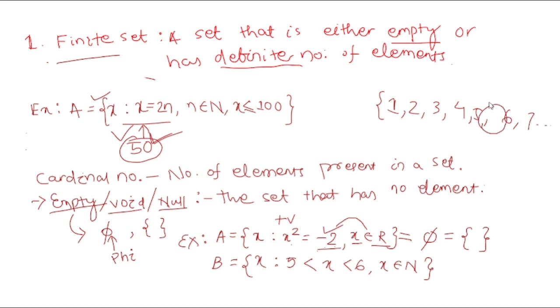That means there are no numbers between 5 and 6. So if the set B contains x such that 5 less than x less than 6 and x also belongs to natural number, then the set is empty or phi.